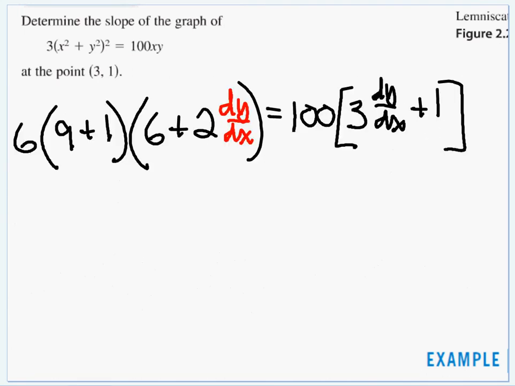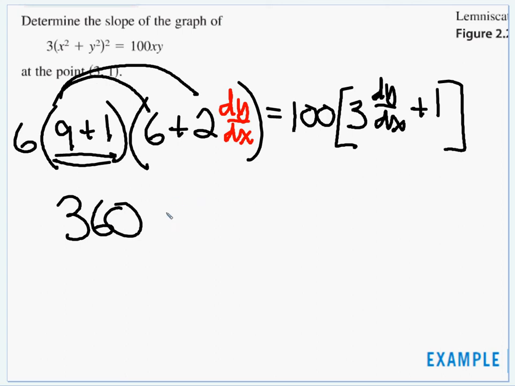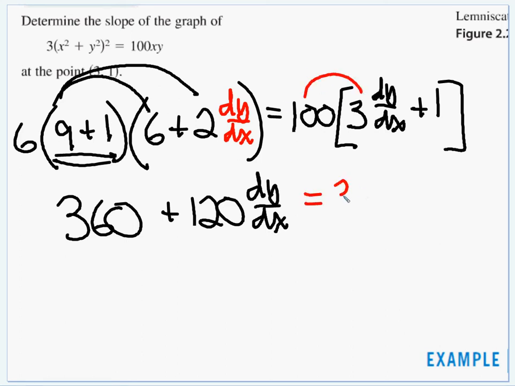Back to the arithmetic. 9 plus 1 is still 10. I got that right. 10 times this 6 is a 60. So we're going to distribute the 60. So this side hasn't been messed up. So that's going to be a 360 plus 120 dy dx. My mistake occurred over here. When we distribute the 100, that's going to be a 300 dy dx plus 100.